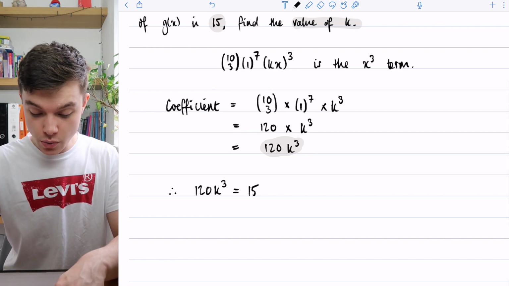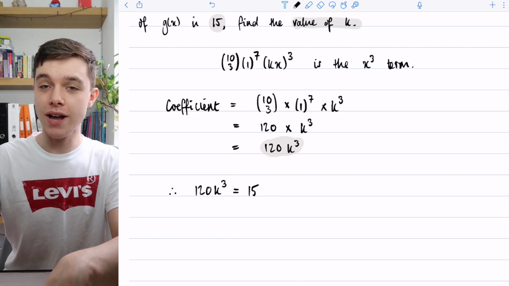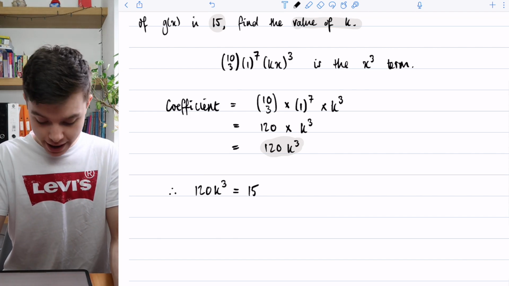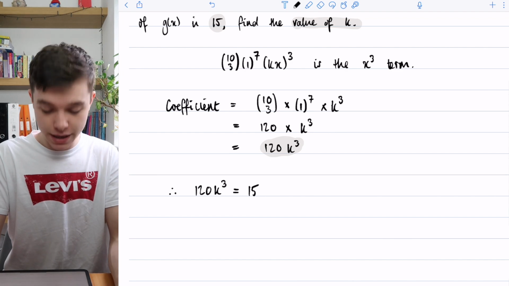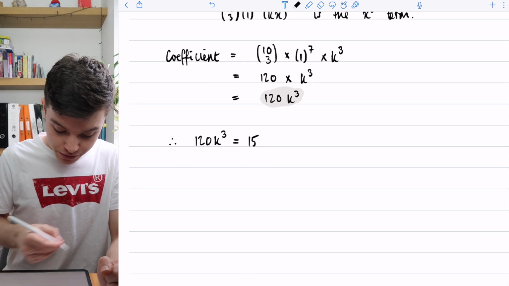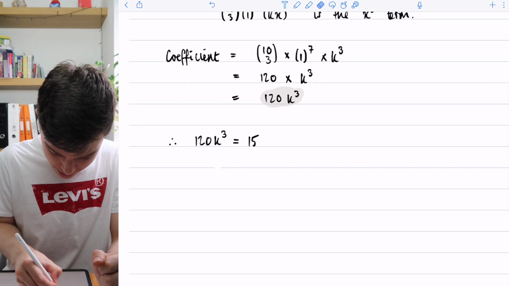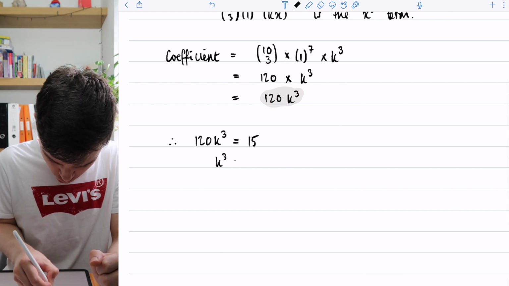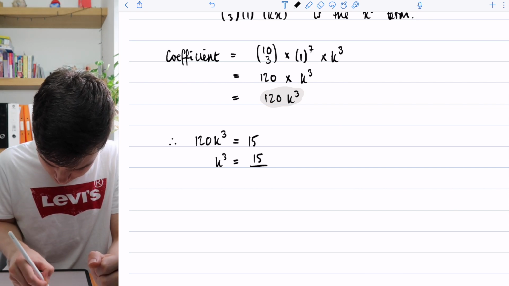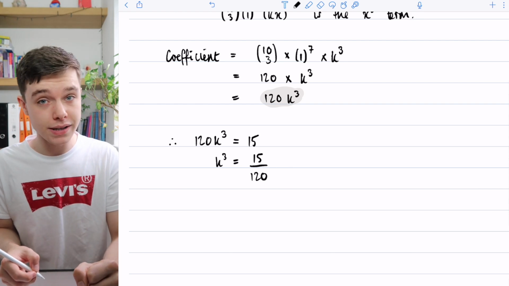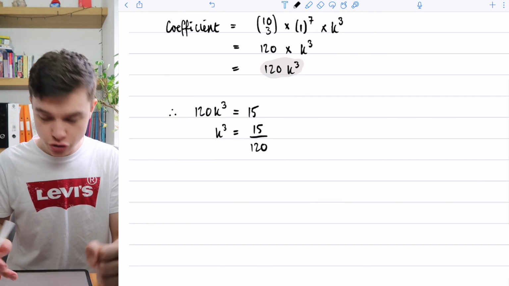Then I can work out the equation. I can just find the value of k from this equation. I can divide both sides by 120 to give me k cubed is equal to 15 divided by 120. And then I can just cube root that.